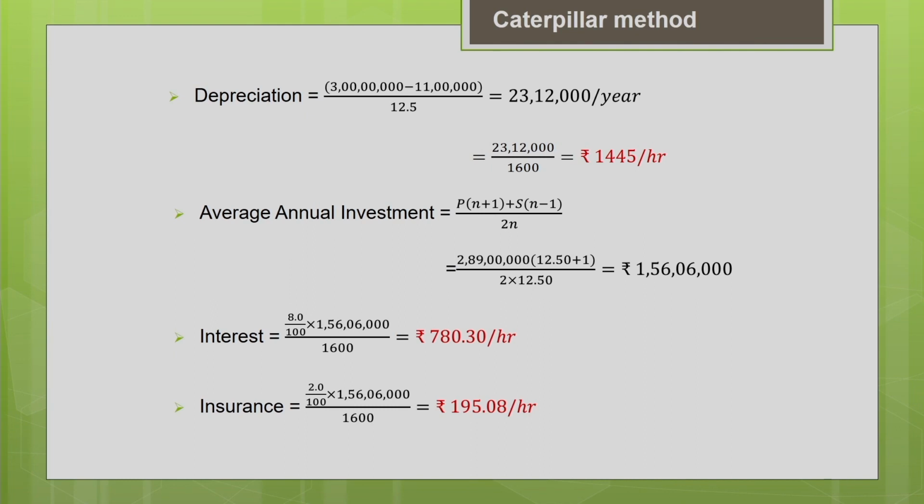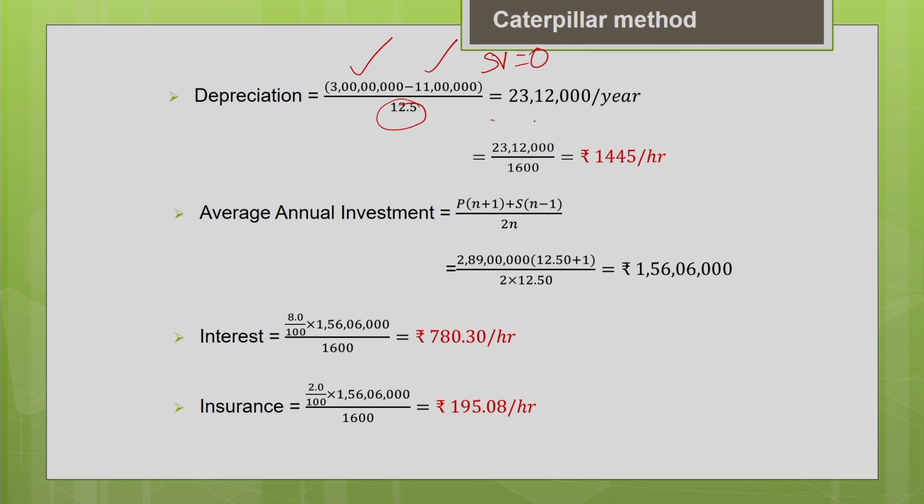Now we shall calculate the depreciation. Depreciation is nothing but your initial price minus the tire cost minus the salvage value, divided by the useful life of the machine. So initial price is 3 crore minus the tire cost, 11 lakh. Obviously your salvage value is 0, given in the question, and the useful life of the machine is 12.5 years.